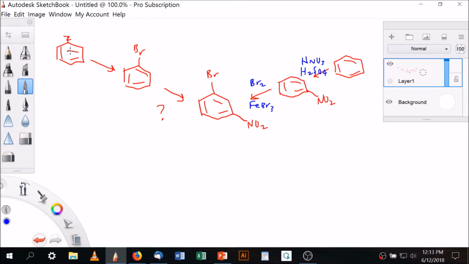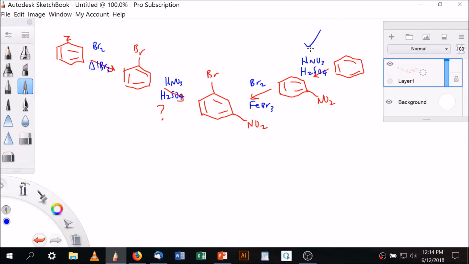And going from benzene to bromobenzene, I could also do aluminum bromide, right? And then from here to here, that would be nitric acid and sulfuric acid. You can only do this so many times, and you're going to eventually memorize these just cold. It'll be so easy.